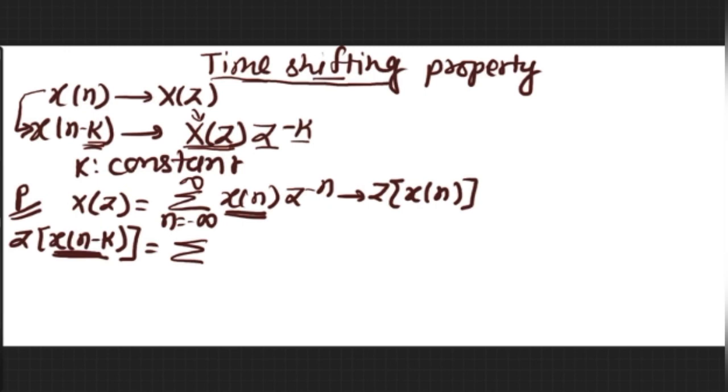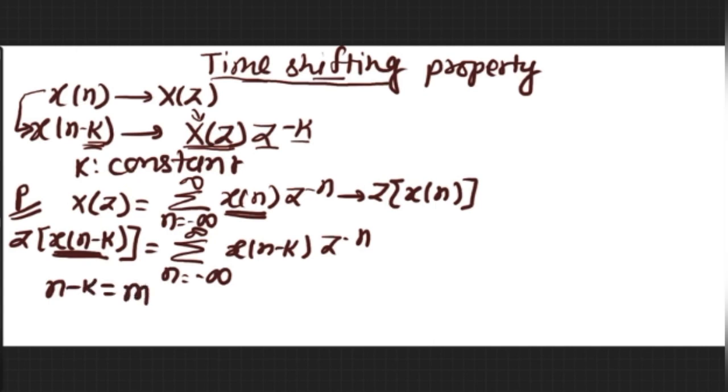So, the equation will become summation from minus infinity to plus infinity x[n minus k] z to the power minus n. Now, we will replace the variable n minus k by m. So, we can put n equals m plus k.